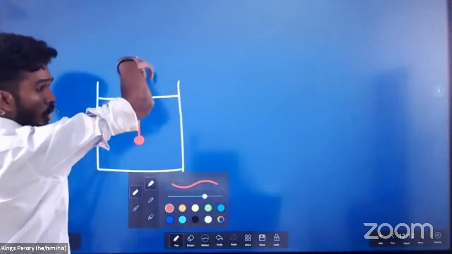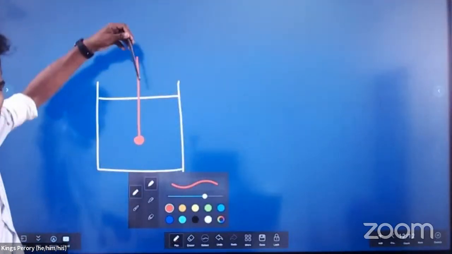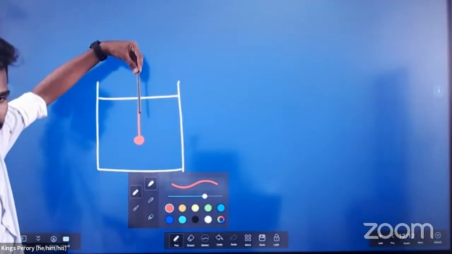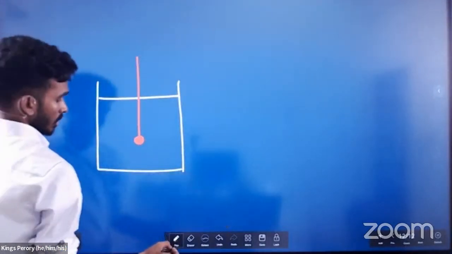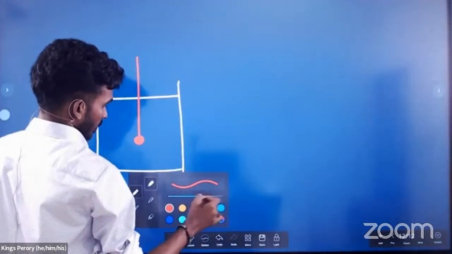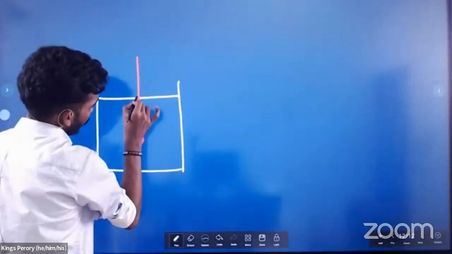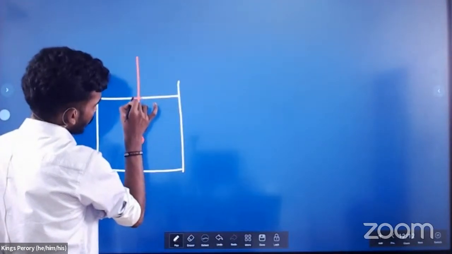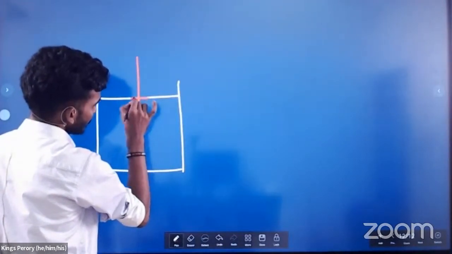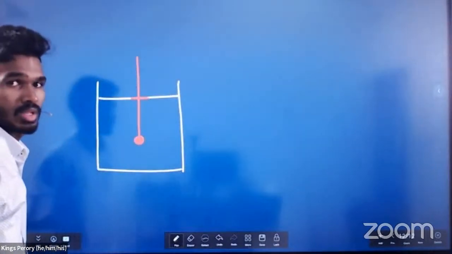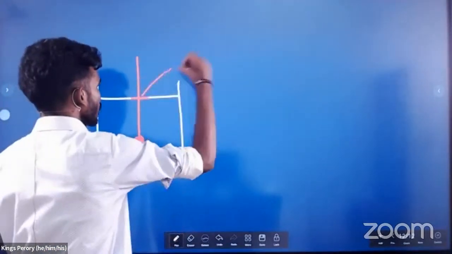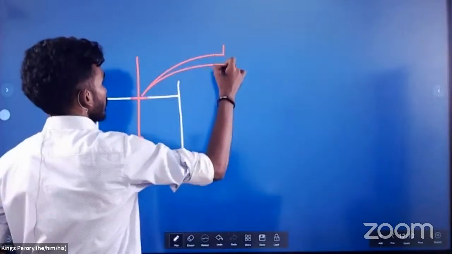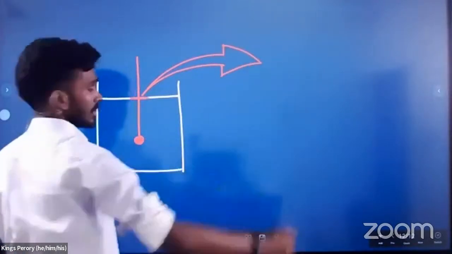It will be floating vertically. If you look at the level of the hydrometer that touches the surface, that gives you the density of the liquid.